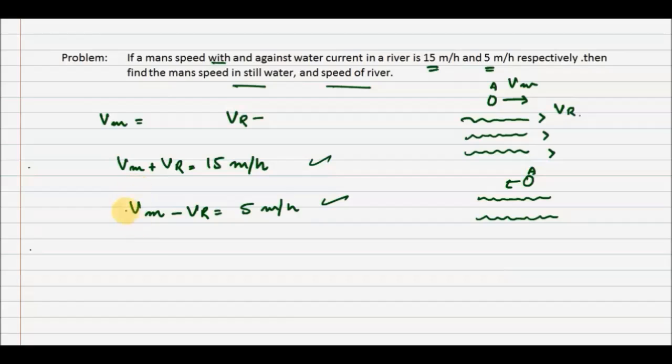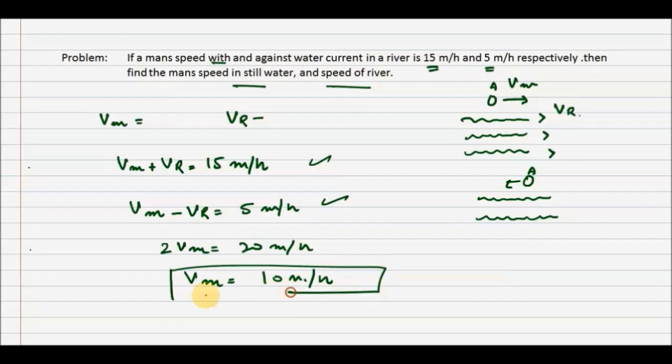Let's add these equations. I will get twice Vm equal to 20 meters per hour. That means Vm will be equal to 10 meters per hour. That means in still water, the person's speed is simply 10 meters per hour.